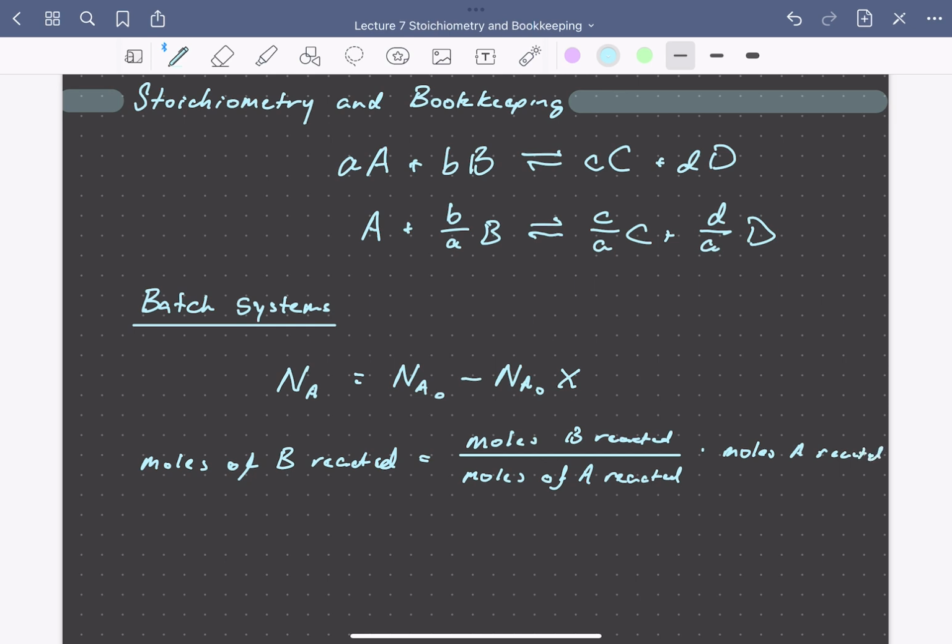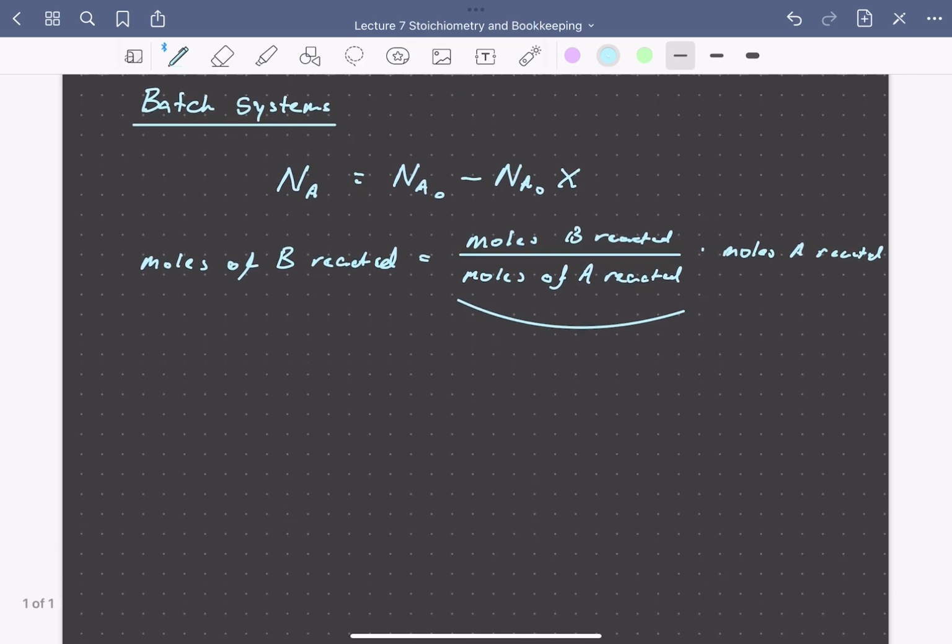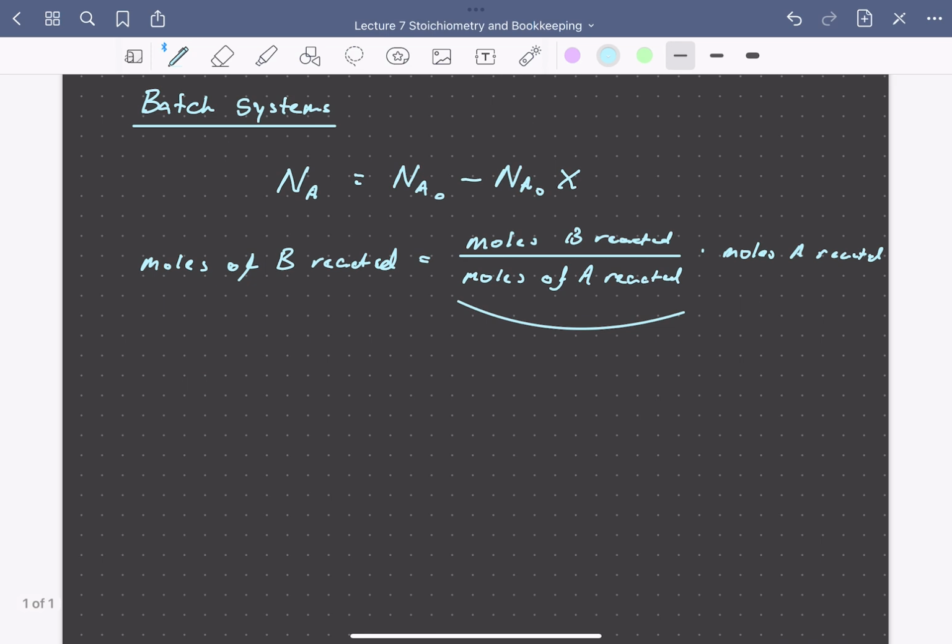Now why this is convenient is because this first ratio we can write simply from the reaction stoichiometry. So for every mole of A that reacts, b over a moles of B are reacted, where b and a are the stoichiometric coefficients. And this second term, the number of moles of A reacted, we just wrote as the initial number of moles of A fed times the conversion.